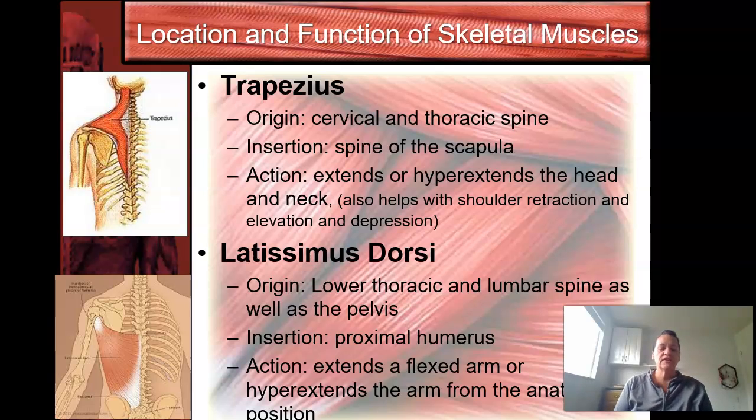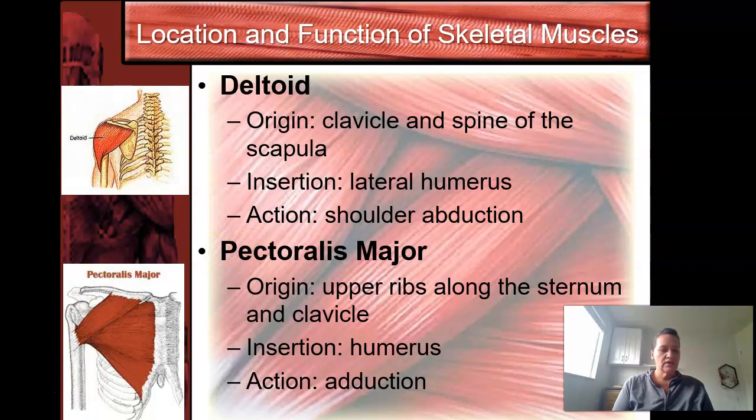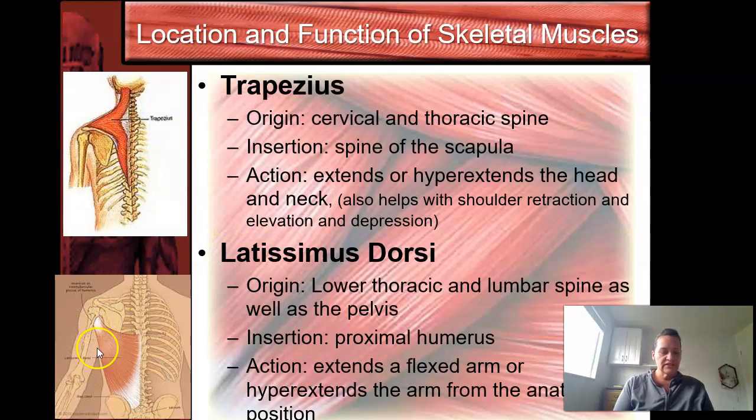Elevation, depression. Okay, the latissimus dorsi. Oh, sorry, I'll have to go back. Latissimus dorsi down here, I thought I would highlight it more. So that's down here. If you remember, dorsi is back, dorsal, like a dorsal fin. Okay, so this is your latissimus dorsi muscle. The origin are the lower thoracic and lumbar spine, as well as the pelvis.